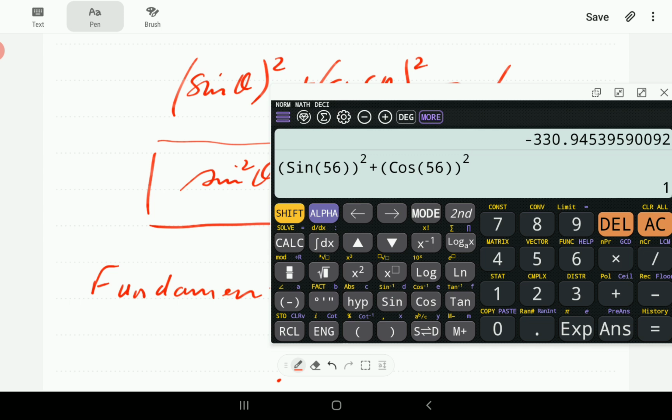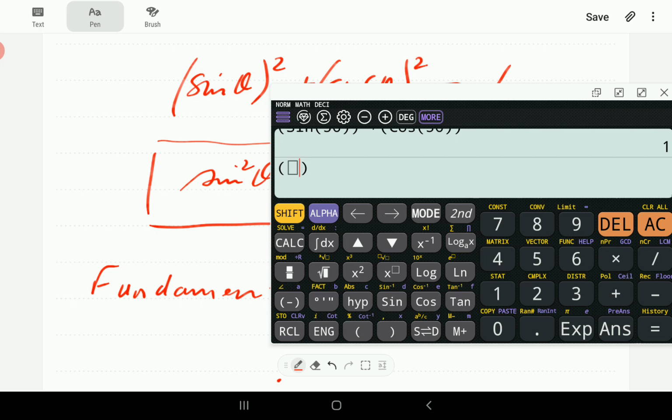You can try any other value. So let's do sine of 214 squared plus cosine of the same thing squared, cosine 214 squared.